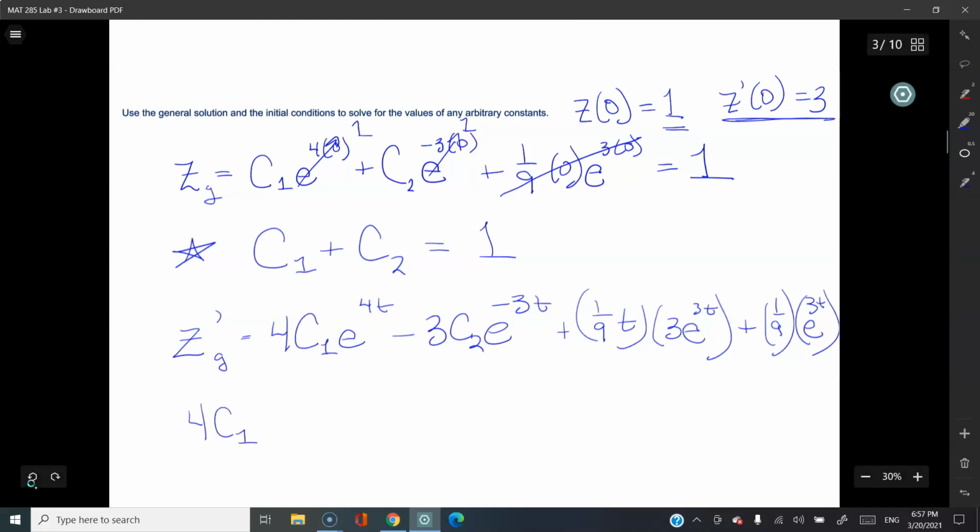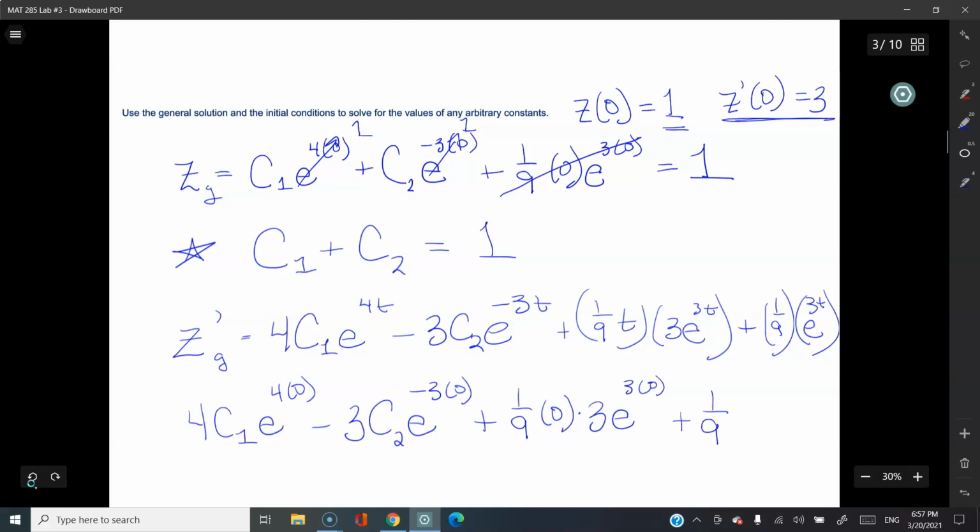So 4c sub 1 e to the 4 times 0 minus 3c sub 2 e to the negative 3 times 0 plus 1/9 times 0 times 3e to the 3 times 0 plus 1/9 e to the 3 times 0 all equals 3.